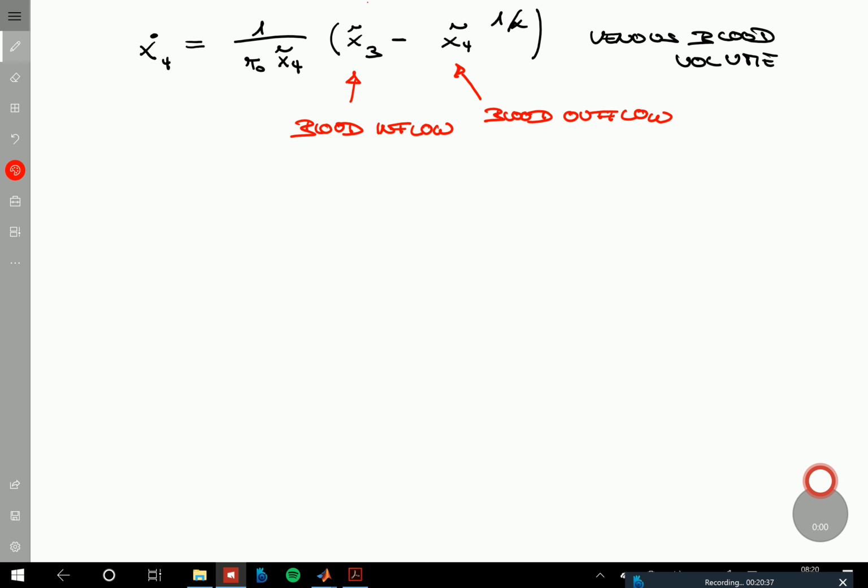And as far as I understand it, the main aspect here is this exponent, which basically scales the blood outflow in a nonlinear way.